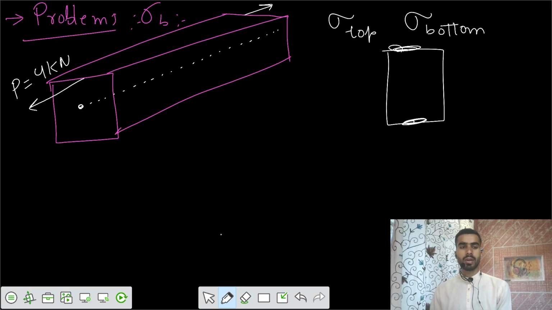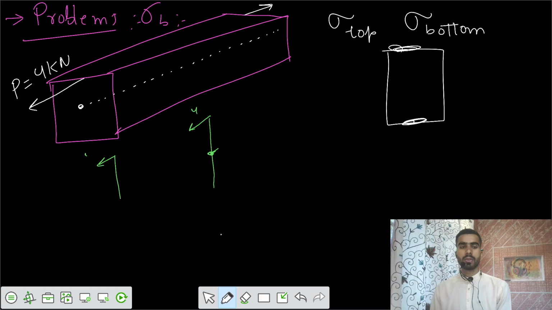Since your load is not purely along the axial line, or principal line, you can transfer the force onto the central line, the longitudinal axis. So if this is a force of 4 kilonewton and you want to transfer it onto the axial line, we need the free body diagram of this.